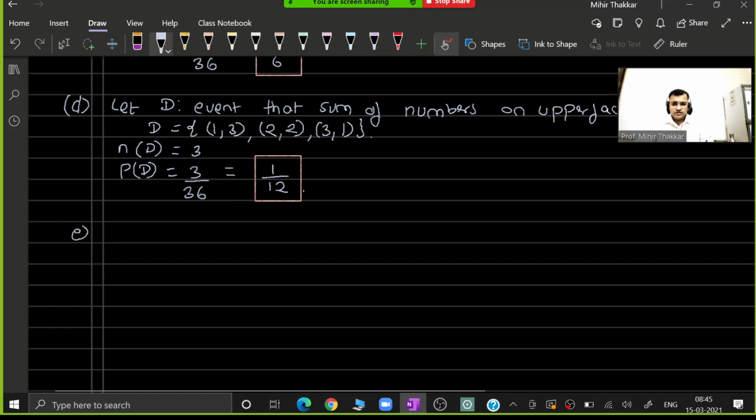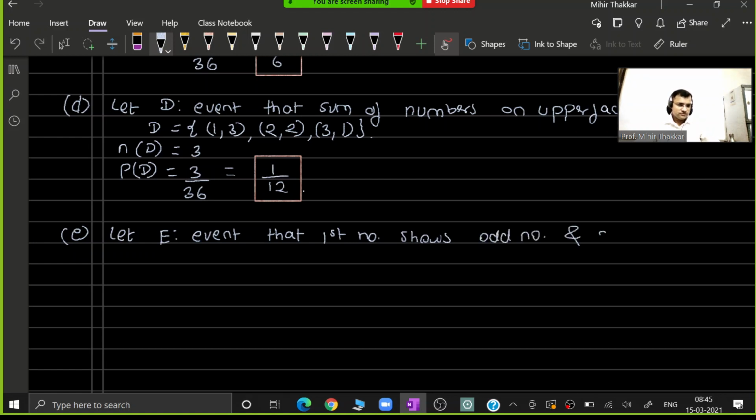Let us consider E. Let E denote the event that the first number shows an odd number and the second is a multiple of 3.